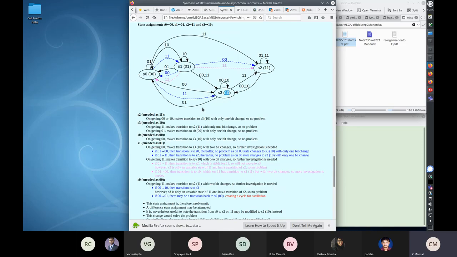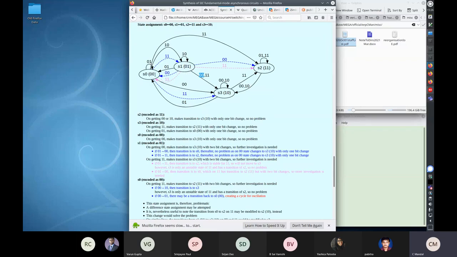So what can happen? 0 1 can first become 0 0. On this input 0 0, you want it to change to 1 0, but the physical realization is such that it doesn't change to 1 0 directly. Instead it changes from 0 1 to say 0 0 first.